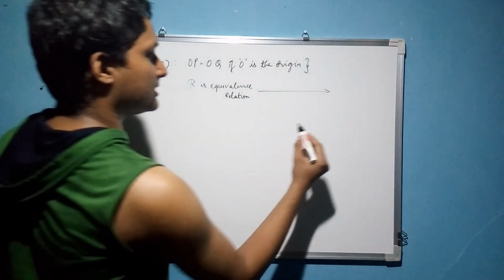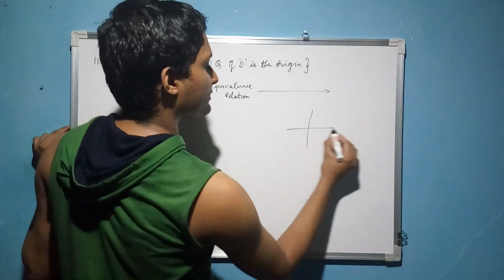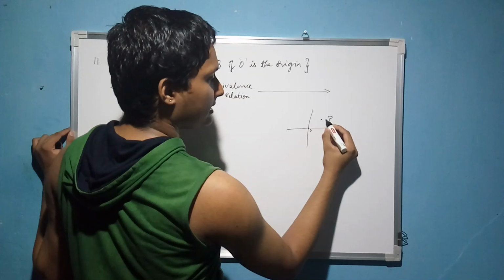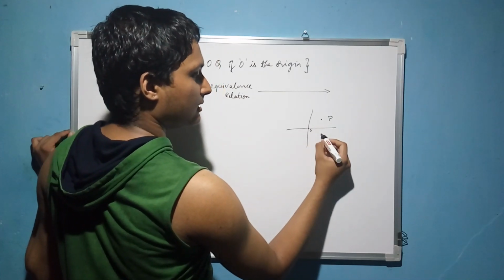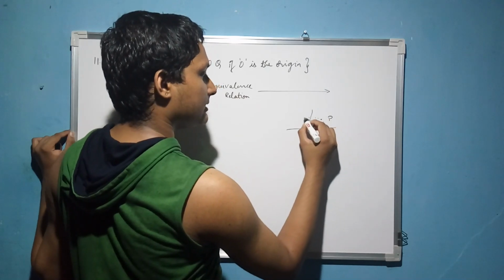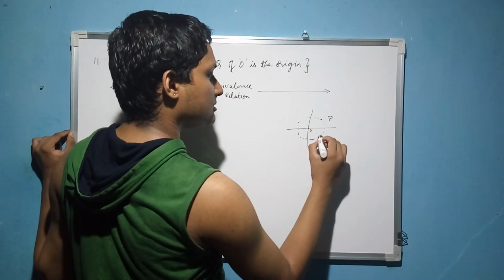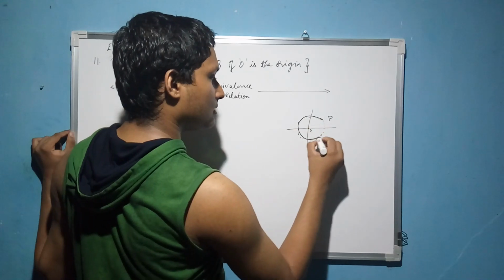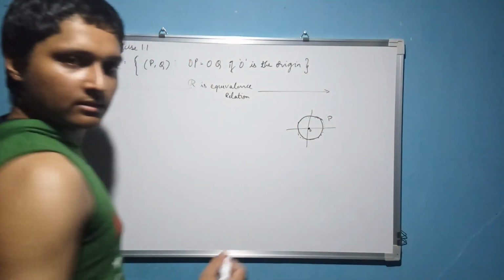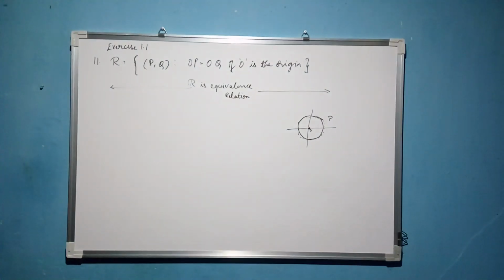So what is the meaning of this? You have the origin here and say P is some point here. All other points that are related to this P form a circle, with O as the center. That's what you need to prove here.